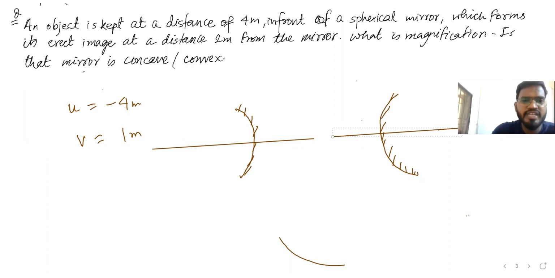An object is kept at a distance of 4 meters in front of a spherical mirror which forms an erect image at a distance of 1 meter from the mirror, right? Now the problem comes here: an erect image forms in a concave mirror in only one case. What is the case? When the object is placed between pole and focus. So for sure the object is going to be somewhere here.